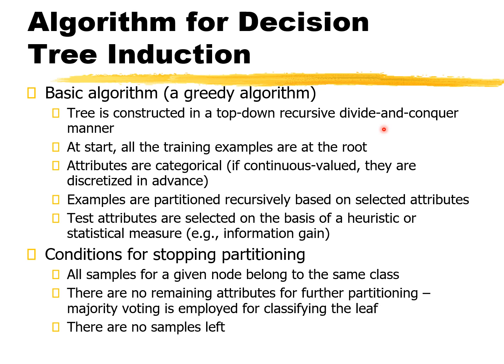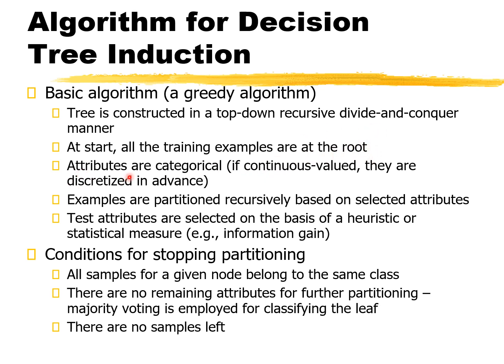It's called top-down because we start from the root and go to the bottom. It's recursive divide and conquer because we divide the data based on the attribute values. At the beginning, we have all the training samples in the root.